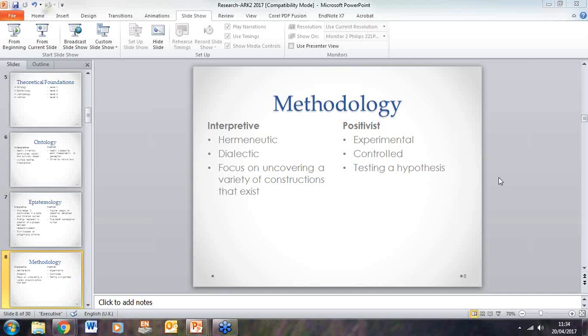So if your methodology is positivist, you're looking at an experimental design. You may have a hypothesis that you need to test in your research aim. And therefore, if you have a hypothesis, you should have a null hypothesis.